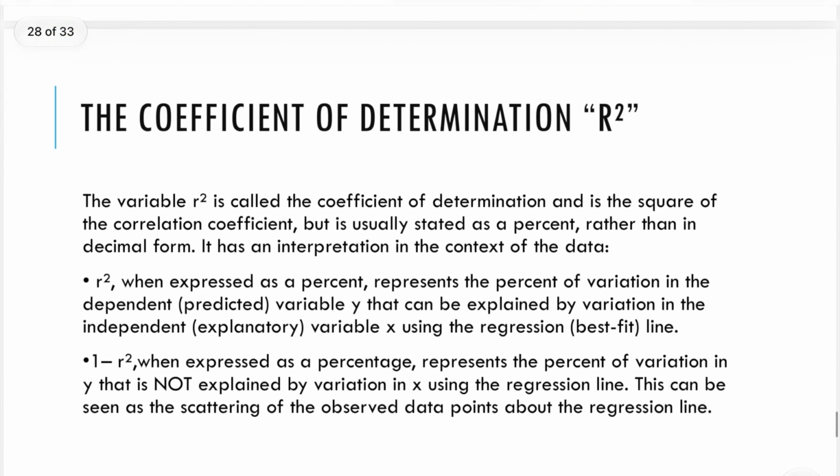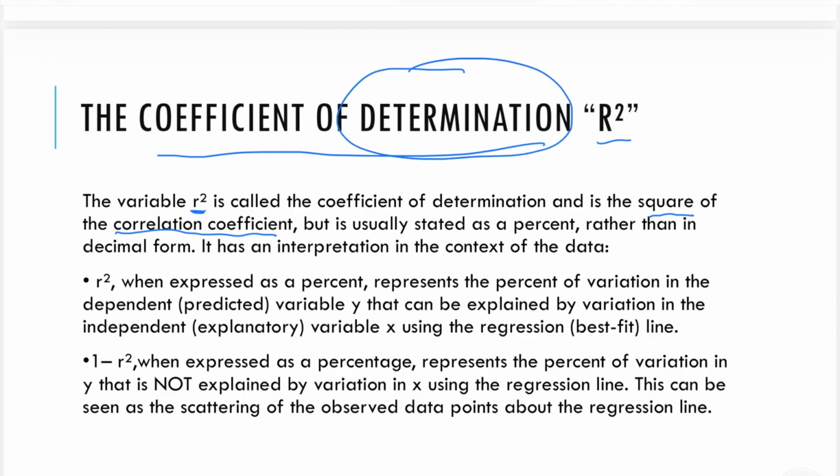Now, the other thing we can do is R squared. It's a really interesting thing when we take a look at the coefficient of determination. That's R squared, simply squaring the R. It's the square of the correlation coefficient. Then we get the coefficient of determination.